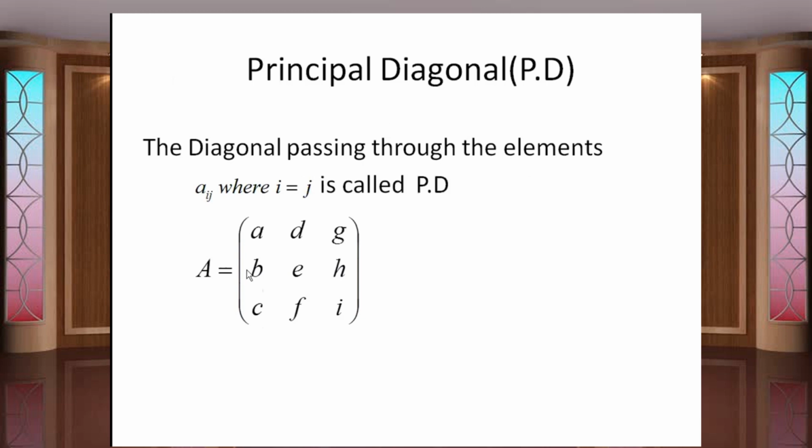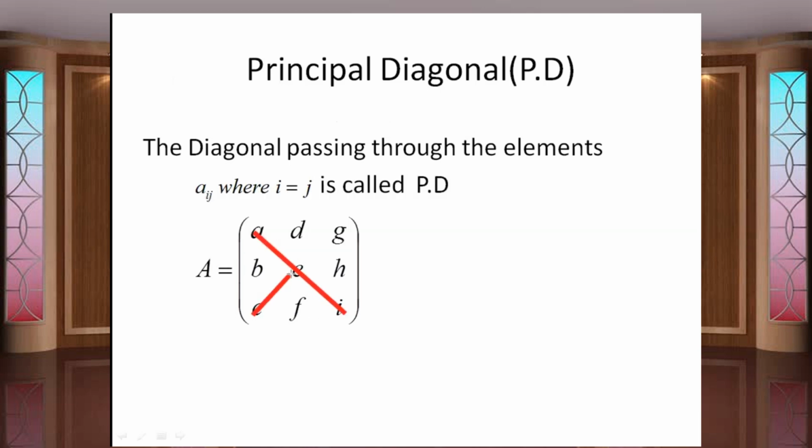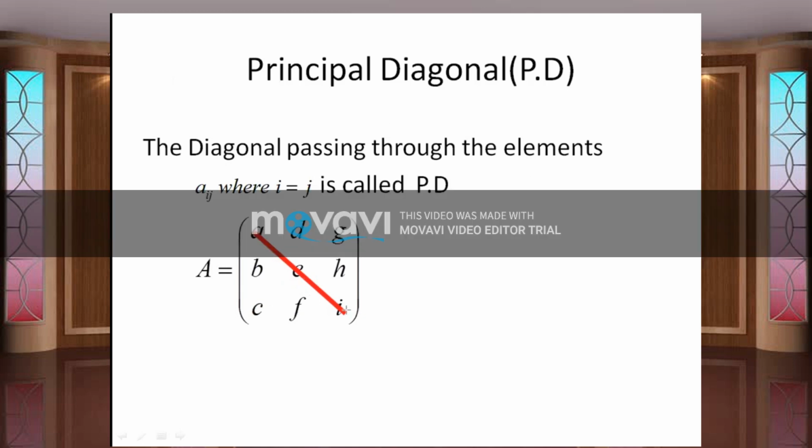You know that diagonal means like that. If I show you here, diagonal means like that. It's the diagonal, and another diagonal is like that. So the first one will be the principal diagonal, because this diagonal goes through the A11 position, A22 position, and A33 position.